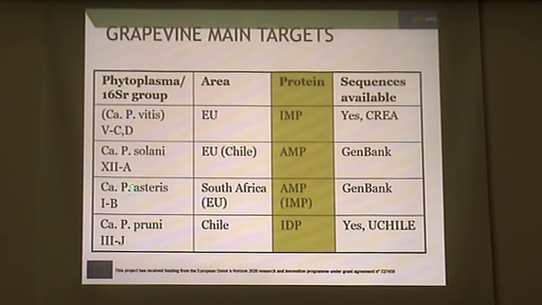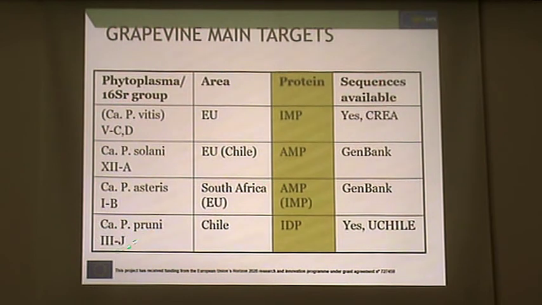Then we have Candidatus Phytoplasma asteris, that is mainly our target in South Africa. And the main protein here is AMP, even if it should also be the IMP. And a few sequences are available in GenBank, not exactly of the phytoplasma present in South Africa, but of other strains.